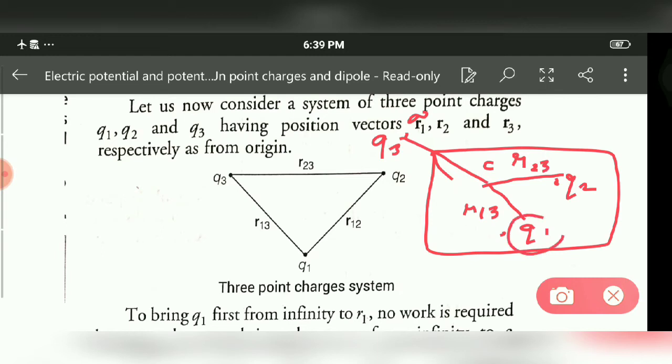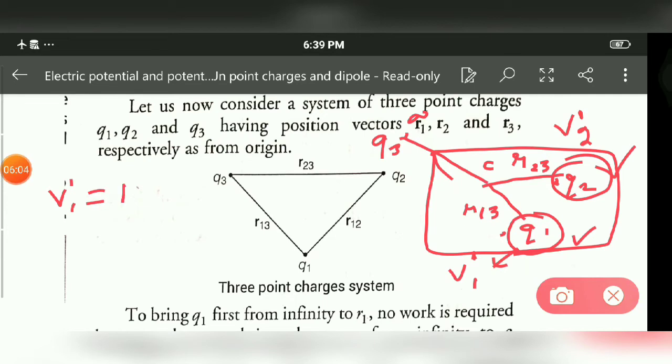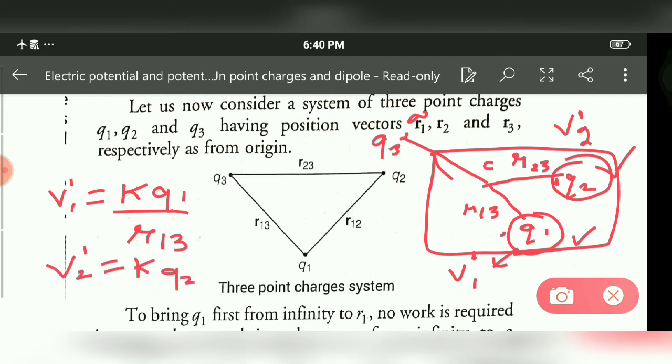Charge 1 offers its own potential and charge 2 offers its own potential. Suppose charge 1 offers a potential V1 dash and charge 2 offers a potential V2 dash, where V1 dash is k q1 over r13 and V2 dash is k q2 over r23.